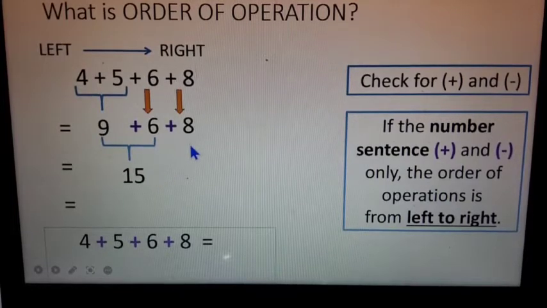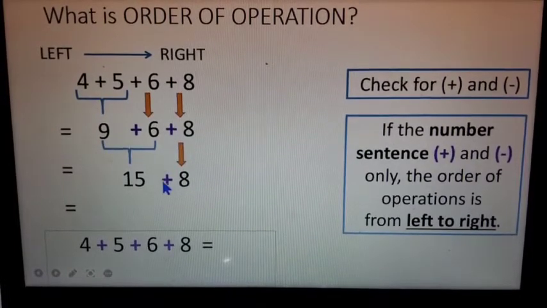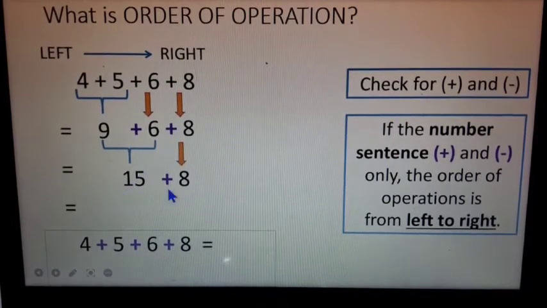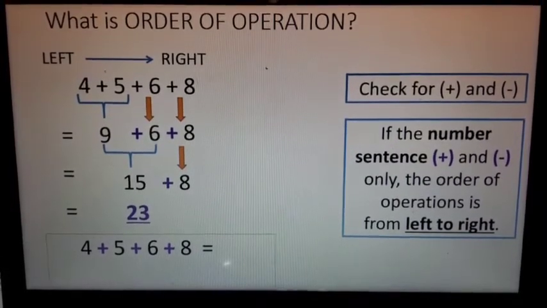And then what should I do next? I bring down lagi plus 8, the next operation. So what should I do next? Dari kiri lagi, 15 plus 8 is, what's the answer? Yes, 23. The answer is 23.